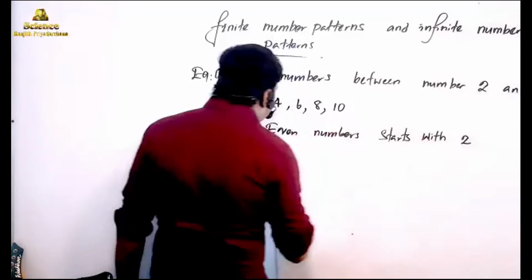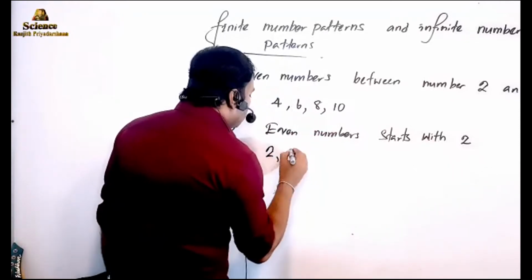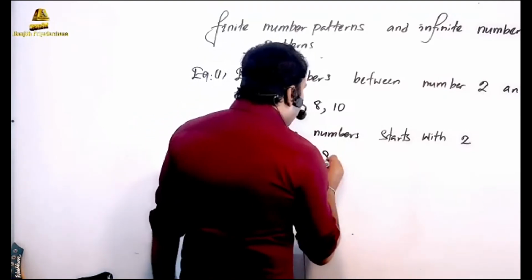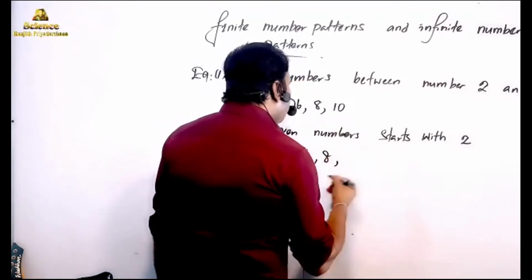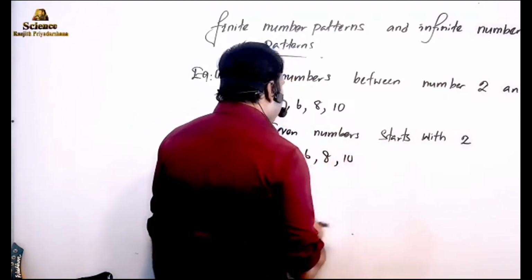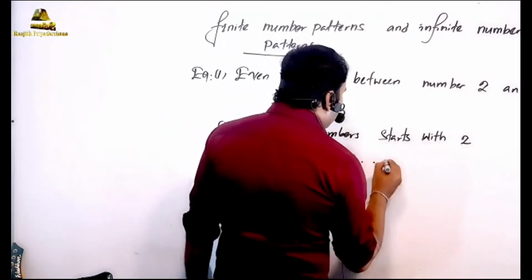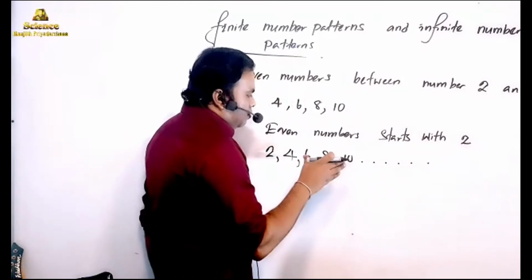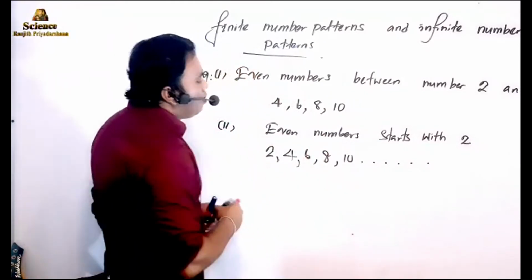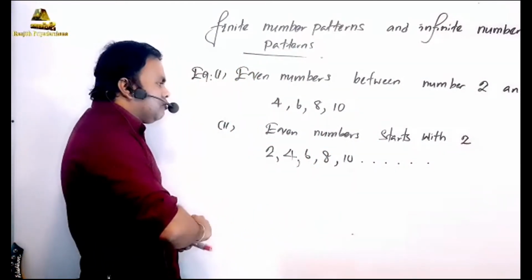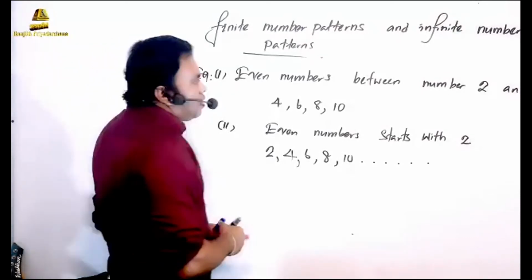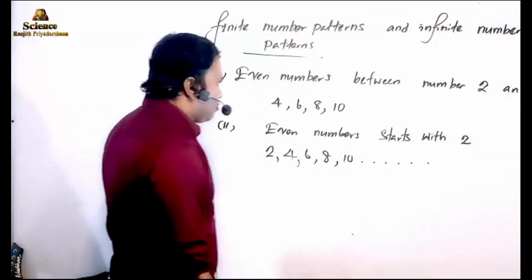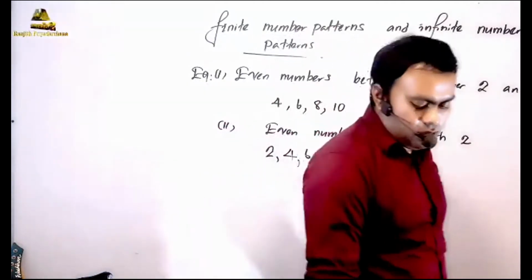Then you have to write 2, 4, 6, 8, and you feel that that's endless. Then you put a few dots, 3 dots, indicating this is infinite. Okay. So if you have an infinite number of terms, we call that infinite number patterns. Okay. Take down this definition.